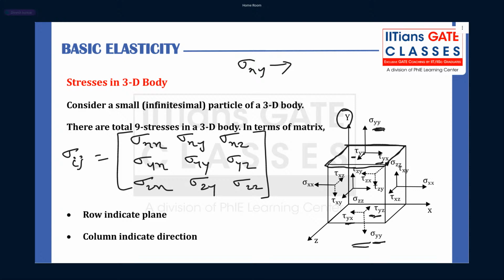Because you can see here i is not equal to j. In basic elasticity we don't bother whether we write sigma or tau. What is important is that i is not equal to j, which means it's a shear stress. Now I am writing one thing: what is tau zz? Is it a normal or shear stress?